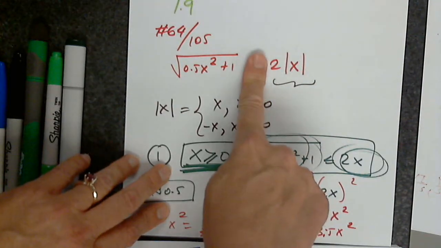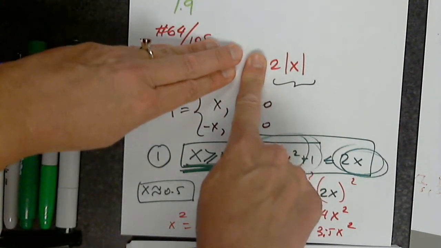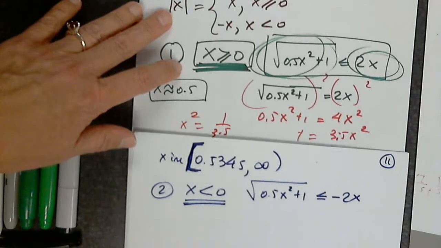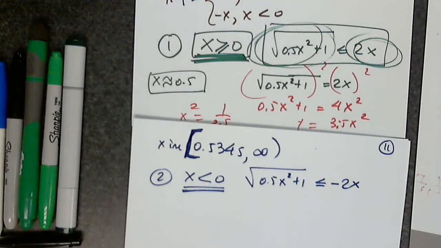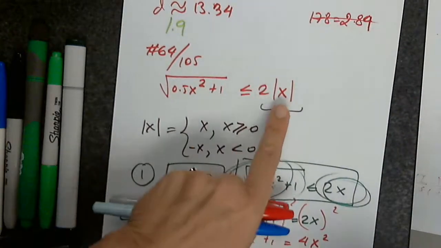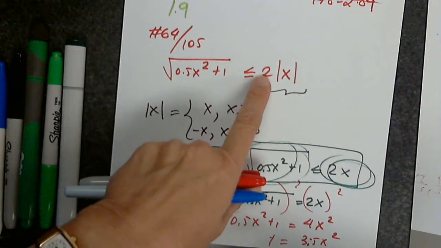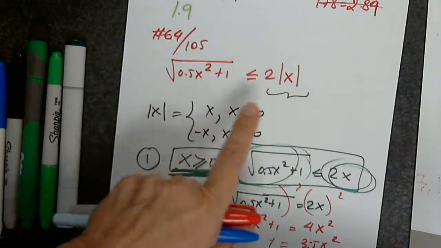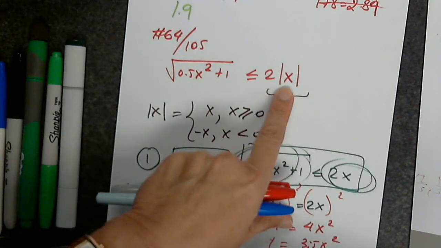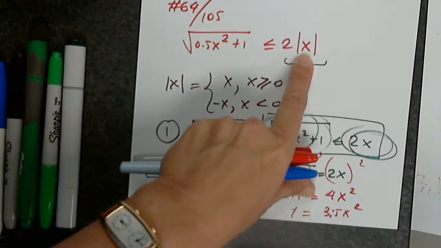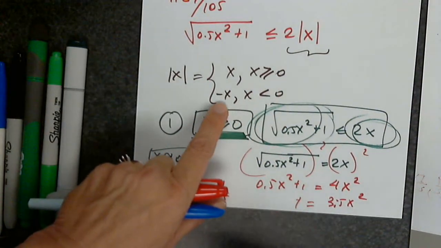I cannot touch this, and I cannot touch this. Very good question. You always help me when you ask questions, always, because maybe I should have said that. The inequality symbol doesn't change, but I didn't think. I only thought that we saw that I'm only replacing this. So no, the inequality is carved in stone, 2 is carved in stone, this is carved in stone. What is not carved in stone is the absolute value of x, which can be replaced by x or by negative x.